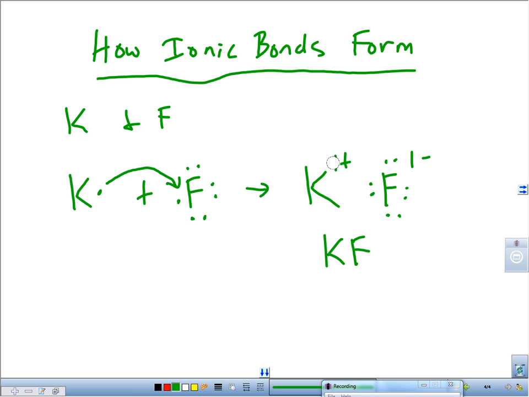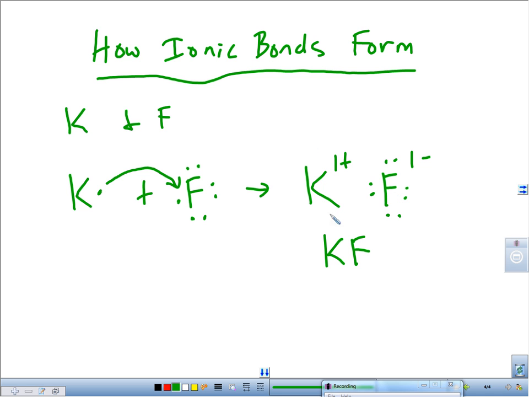Now, one question before I erase it is, why doesn't potassium have 8 around it? Well, it lost 1, and it kind of does still have 8 around it, but it lost its 1, and now it still looks like a noble gas. It looks like argon, and it's happy, where this has gained 1 to get 8, and looks now like neon.